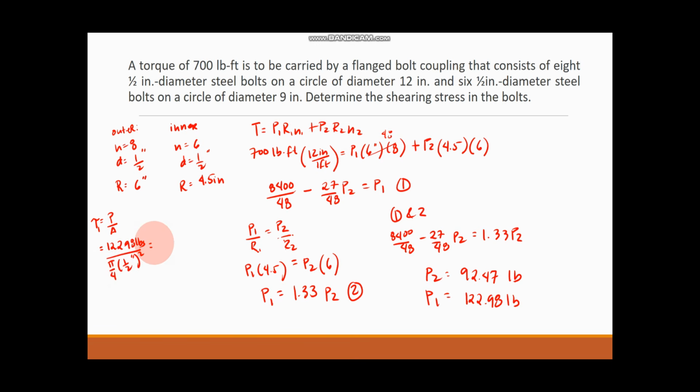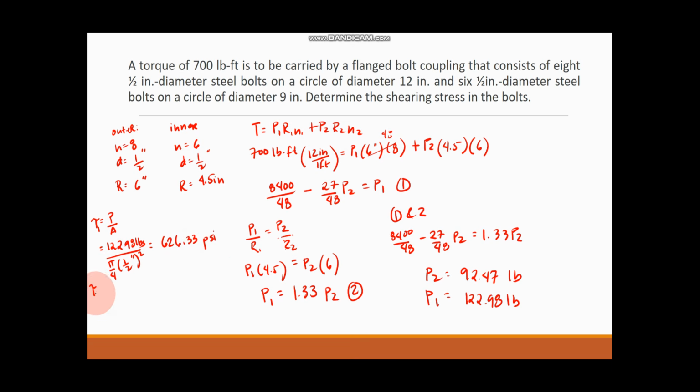So it is equal to 626.33 pounds per inches squared, or PSI.